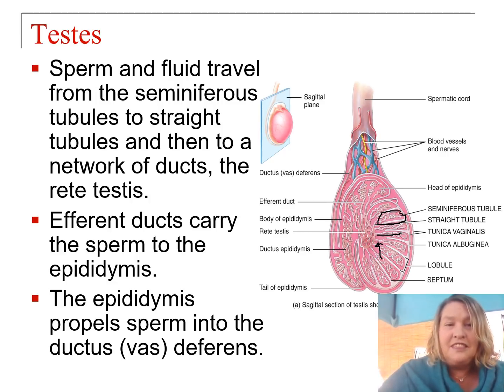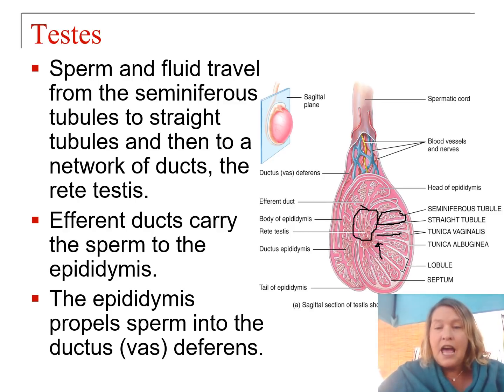You have the seminiferous and then the straight tubule. Not bad. And then there's this whole network right here, and that's called the rete testis. And this is actually where the sperm will end up prior to entering the epididymis, and we'll get to the epididymis.